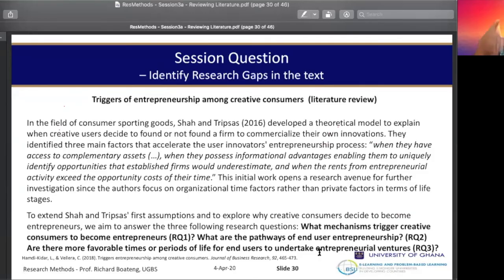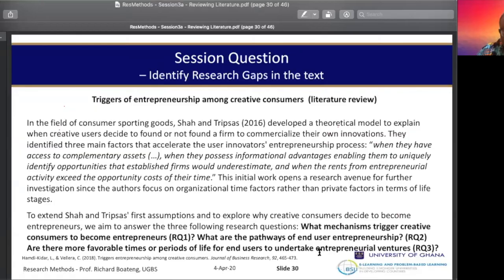So you see, if you look at it carefully, the first gap was about consumer entrepreneurship. That gave us the area to study. The second gap he has pointed out here is about the theoretical model. If we want to study consumer entrepreneurship, what theoretical models have been used to study that area already? Is the theoretical model sufficient in explaining the whys, the reasons and the hows in that particular concept?